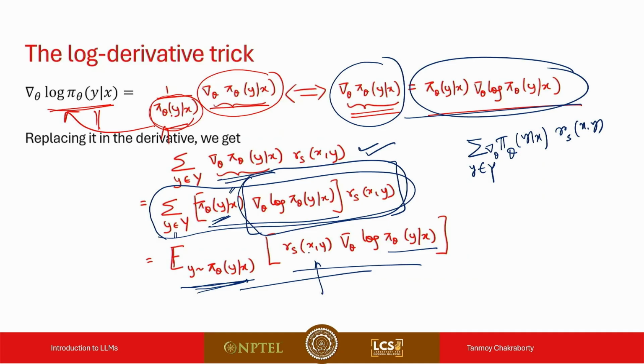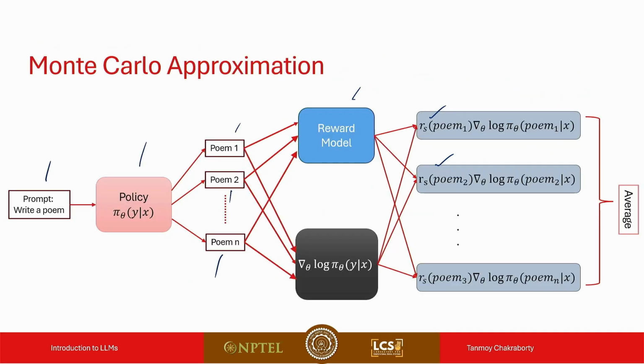So we essentially need two terms: the reward and the derivative of the policy model, given this prompt and this y. So this is this part: poem 1 given x, where x is the prompt, poem 2 given x, and so on.